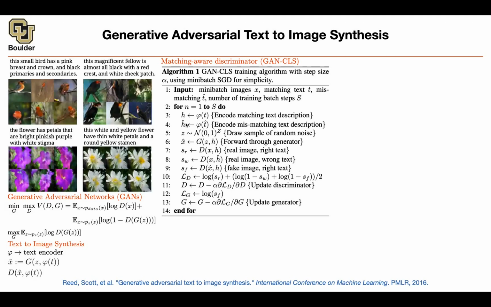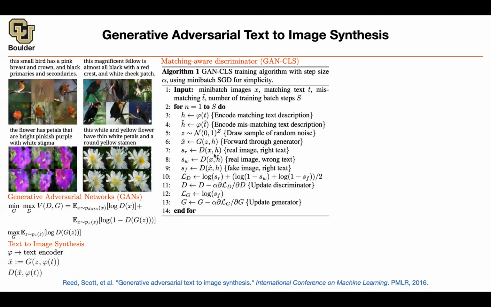So you have two representations for two different texts. You draw a sample from a normal distribution. You take that sample vector, you take h, which is the vectorized representation of your correct text, and that's going to give you your generated image. Now you're going to have your discriminator outputting 3 numbers, 3 scores.